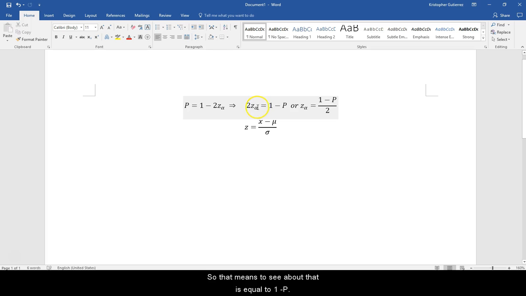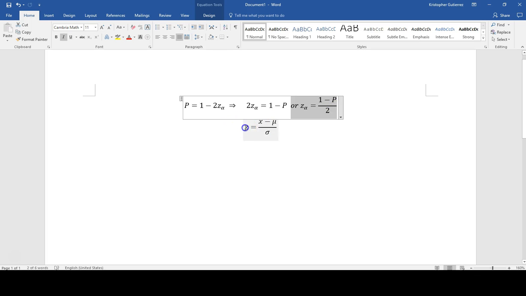So that means 2 Z alpha is equal to 1 minus the probability, or Z alpha is simply 1 minus p over 2. And we'll get to this equation in the next lecture. But for now, this is what we're looking at. So if we want to have a certain probability, say 50% of them between a certain amount, we can use this to figure out what our z-score would be.